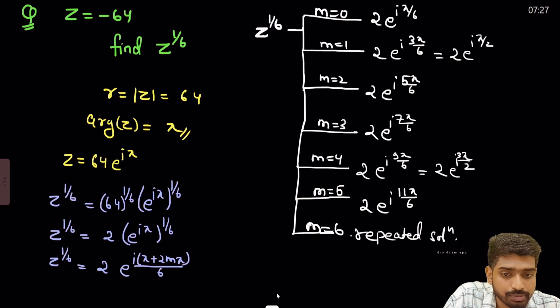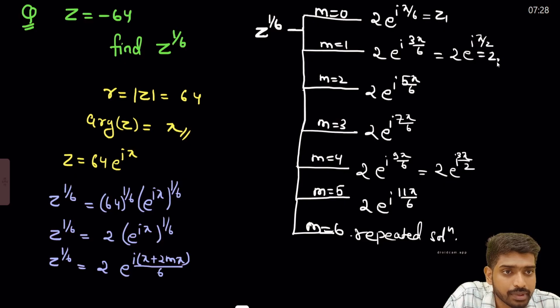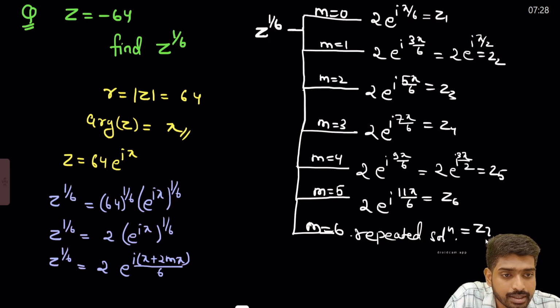Suppose this one is z1 value. This one I'll assume as z2. This one z3. This one z4. This one z5. This one z6.